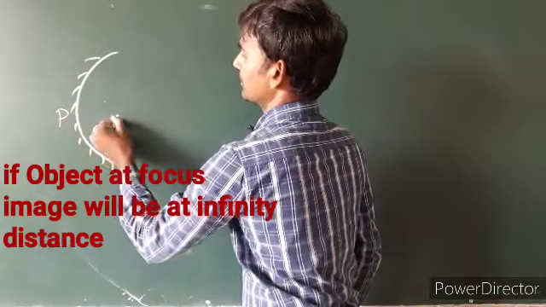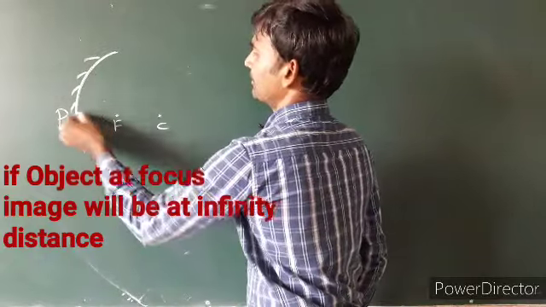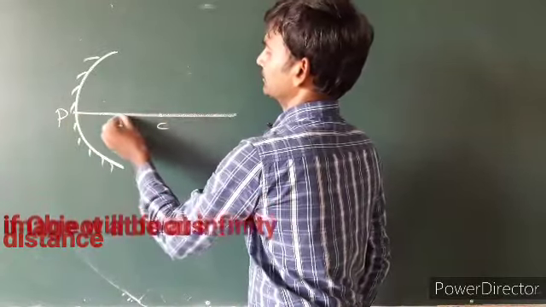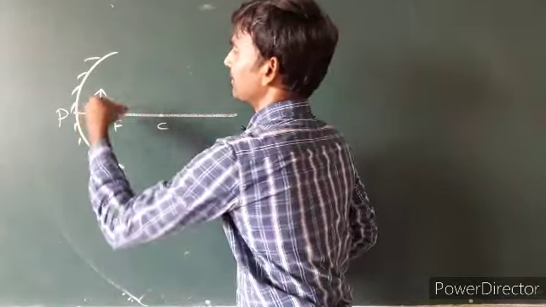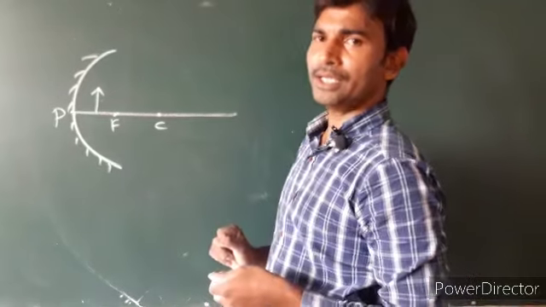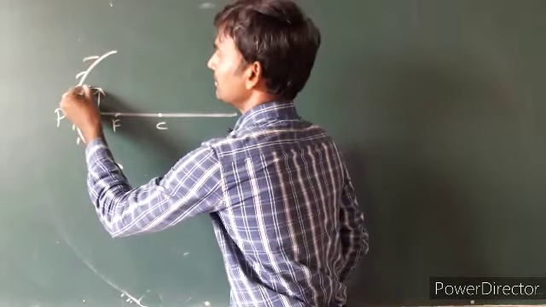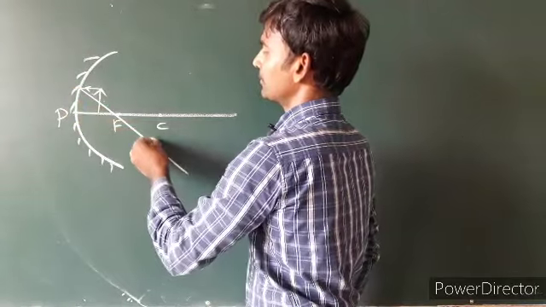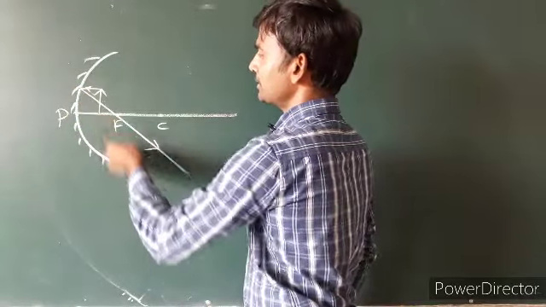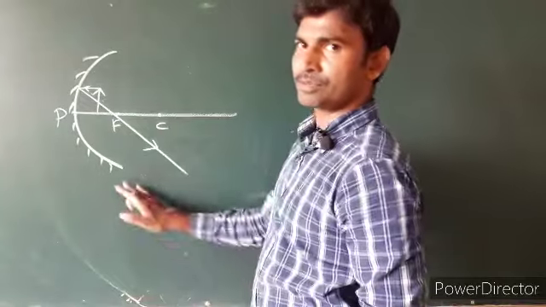Pole, focus, center of curvature. Now the object is between P and F. A light ray parallel to the principal axis passes through the focus and goes back, so there is no option here.